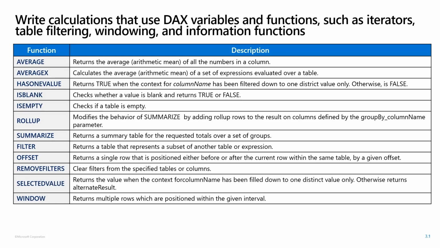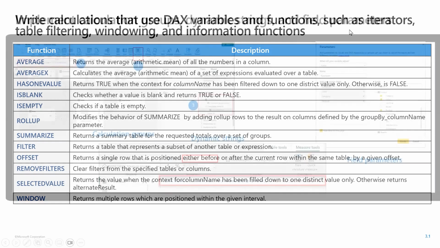DAX uses formulas with functions, operators, and values to work with data in tables and columns to perform complex calculations. There are actually over 200 DAX functions. Review the functions that support filtering, windowing, and iteration. Recall that DAX variables can also be used in measures and allow for code readability and simplicity.